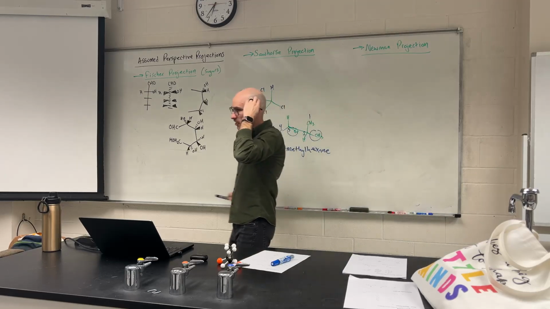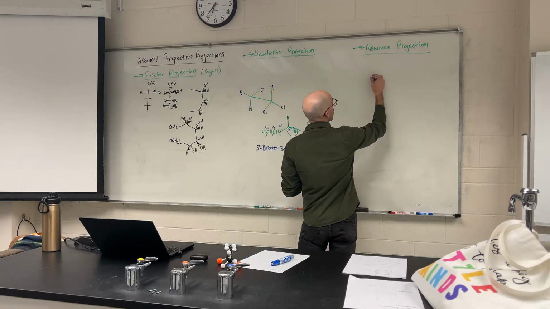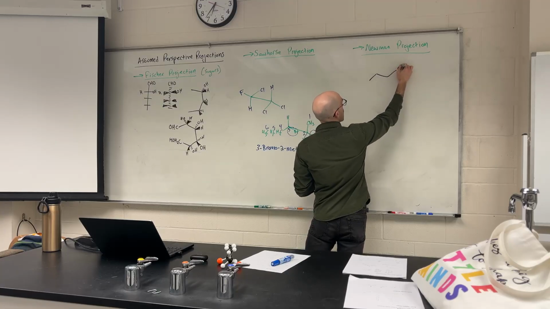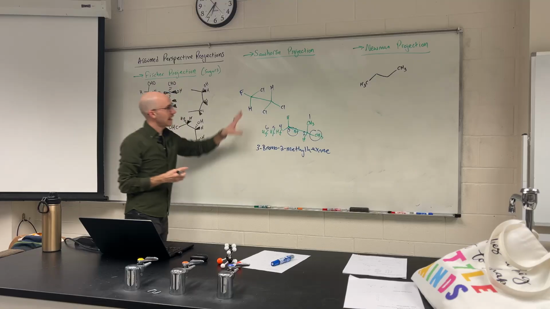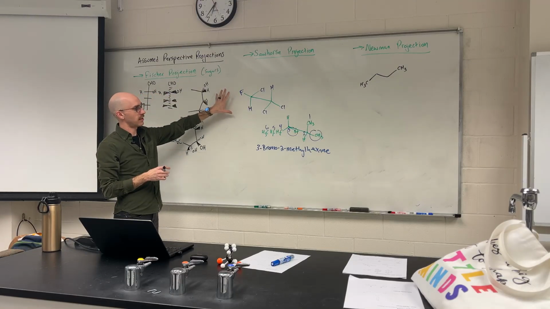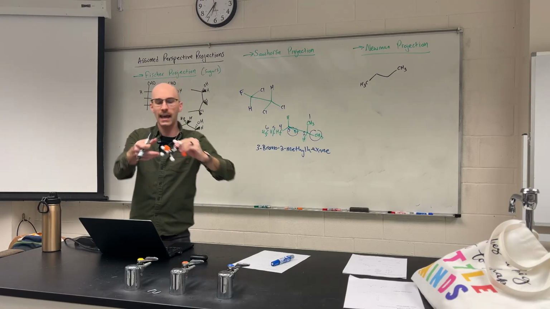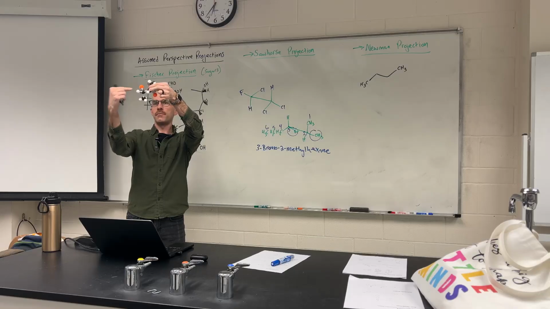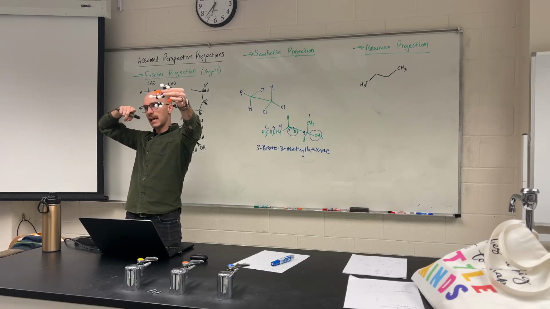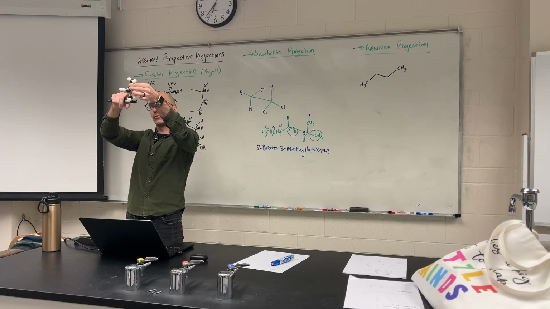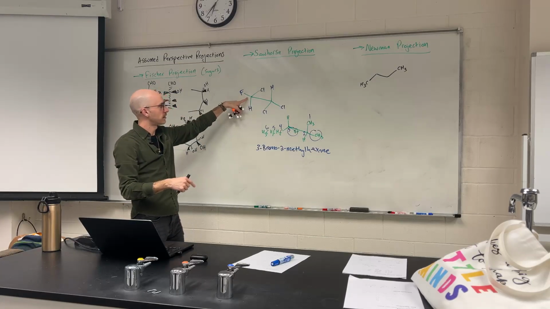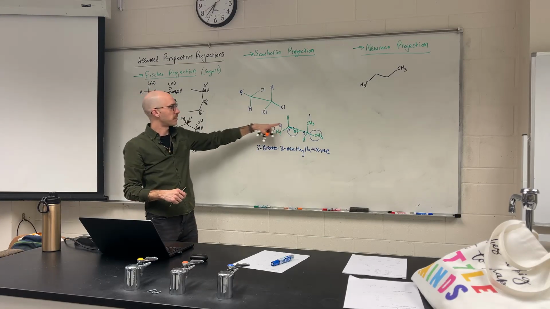What the Newman projection does is it takes the sawhorse projection, which is already looking at a carbon-carbon bond from a slightly exaggerated bond length, and then looks at the other three groups on both of those carbons with a bit of a different perspective.